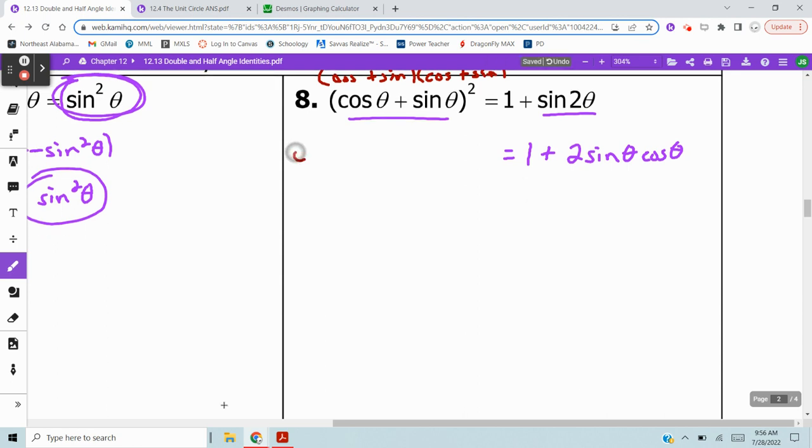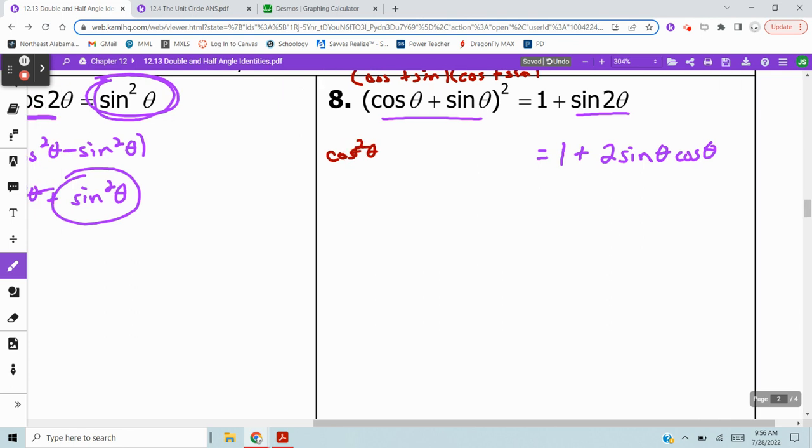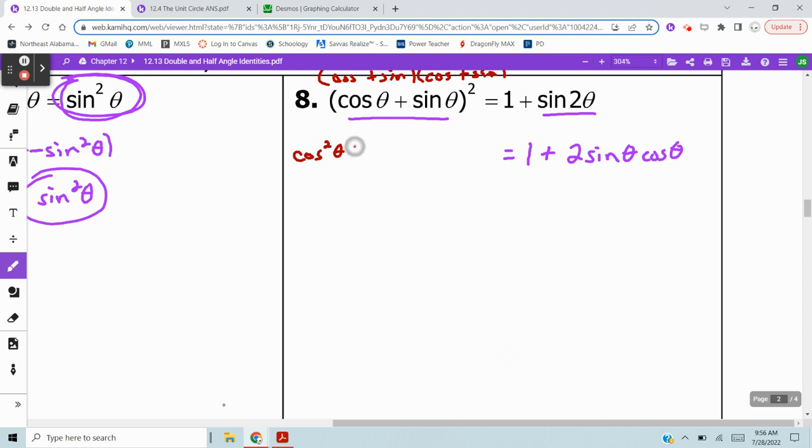But what it's going to give you is cosine squared plus, and I'm going to combine my like terms as I go. So that'd be cosine squared plus 2 sine theta cosine theta plus sine squared theta, which is actually nearly to our identity already.